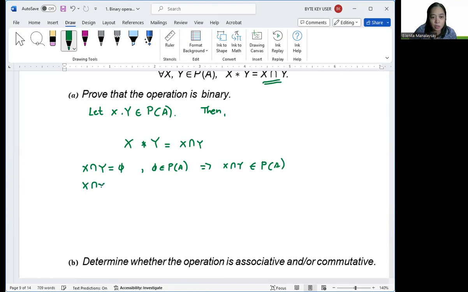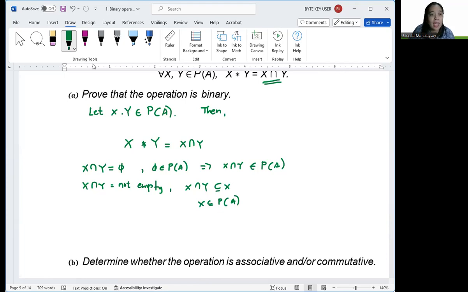If X intersection Y is not an empty set, okay, not empty, then X intersection Y is a subset of X, and at the same time, X intersection Y is a subset of Y. But we have to take note that X is actually in the power set of A. Okay?